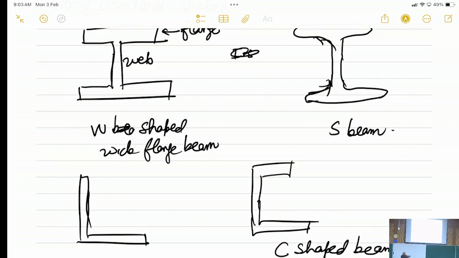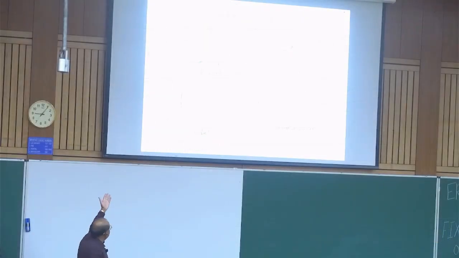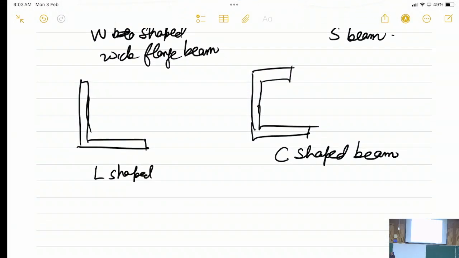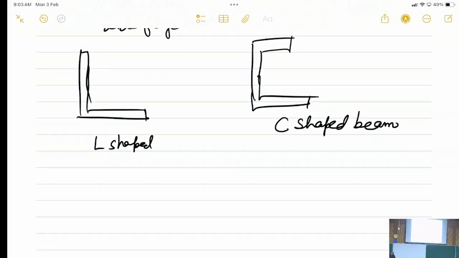I would rather call it an H-shaped beam, but I think these names have come from some convention. That's why these are the standard names in which they are written. I don't have an answer to your question. L and C, of course, are obvious. Why is this called W?